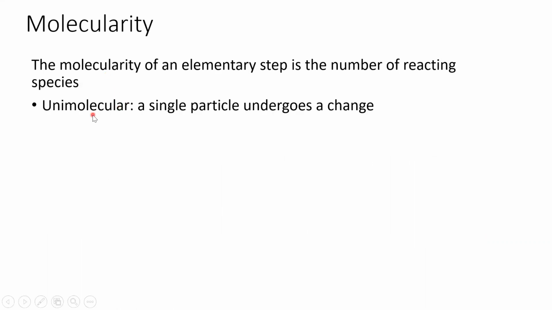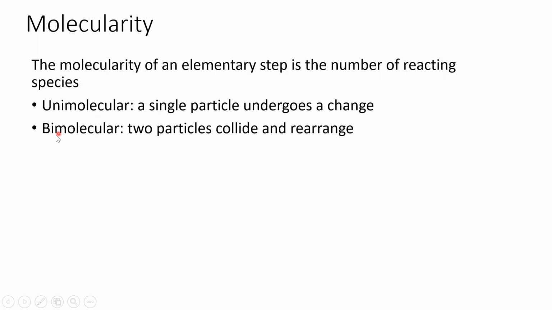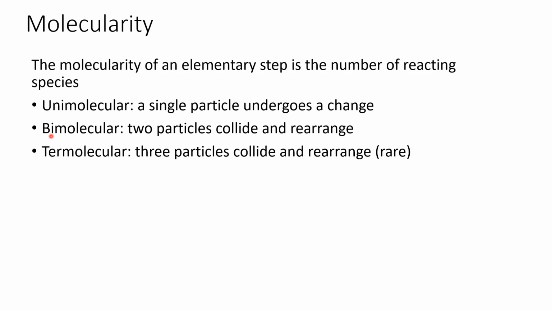So we can have unimolecular elementary steps, meaning there's only one reactant. We can have bimolecular elementary steps, which means there are two reactants. Or we can have termolecular elementary steps, where we've got three reacting particles.